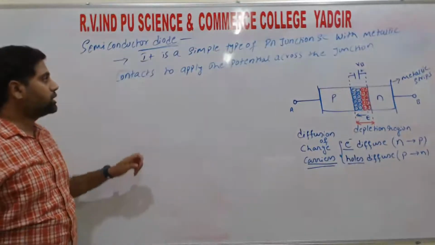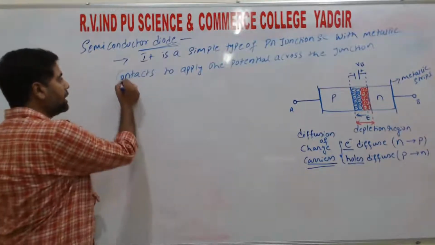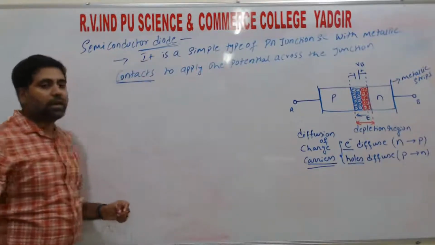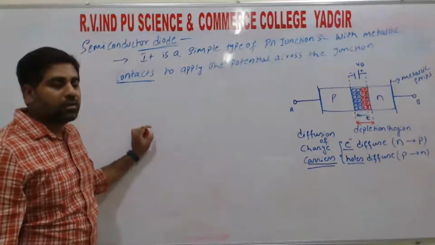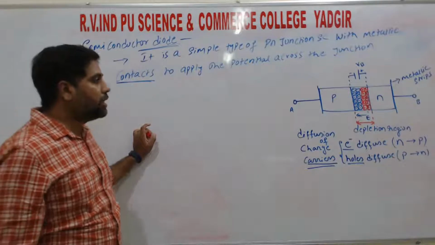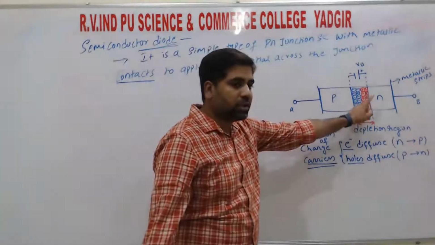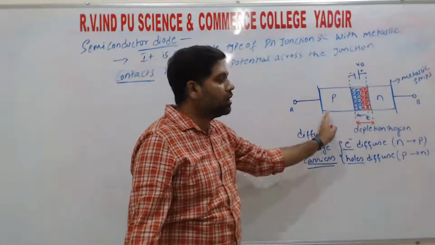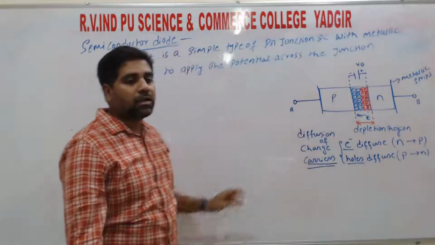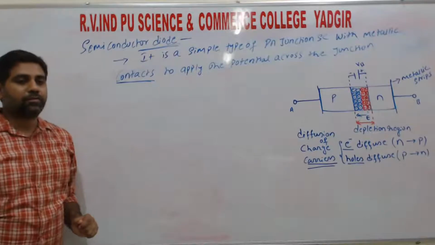So for that purpose we added the metallic contacts, right? So what are diodes? Diodes are devices formed by a simple PN junction semiconductor connected with metallic strips to apply the external voltage, right?